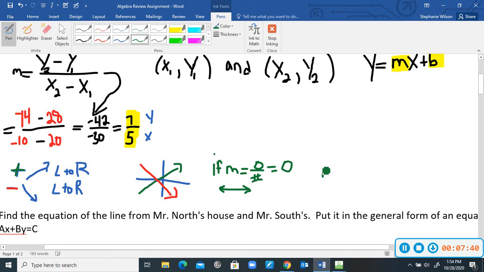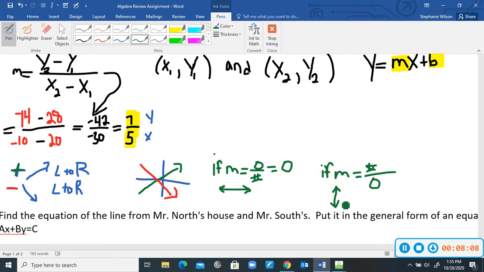If my slope has some number for y values and a 0 for my x, then we have a vertical line. And one thing to look at as a vertical line is can we hang a picture on the wall without any support?